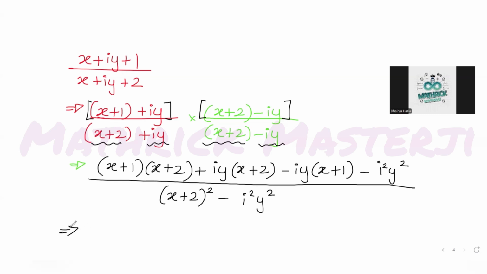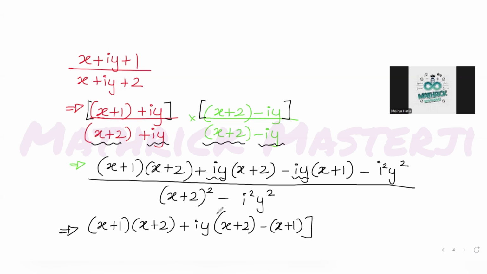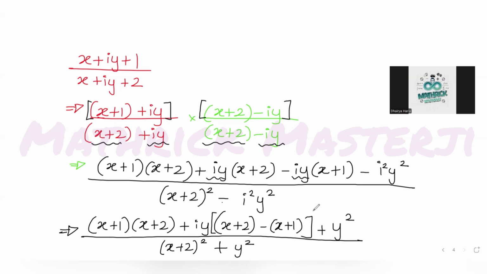From the numerator I get (x plus 1) times (x plus 2), and iy common from the other two terms, leaving (x plus 2) minus (x plus 1), and minus i squared, which is minus 1, so minus times minus becomes plus y squared. The denominator gives (x plus 2) whole squared minus i squared y squared. I squared is minus 1, so minus times minus 1 is plus y squared. So I have this entire thing with me.